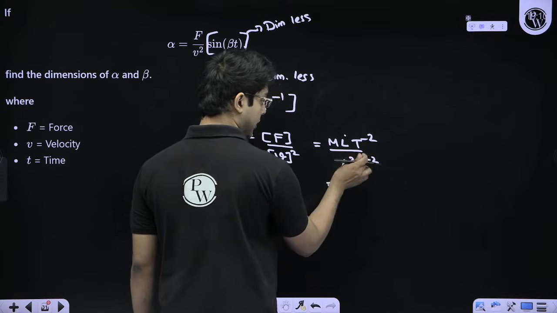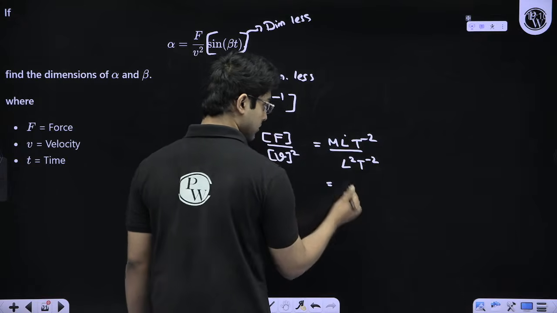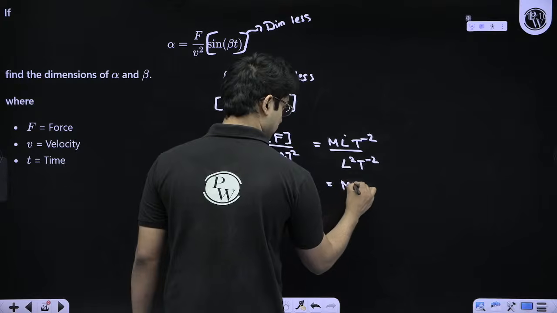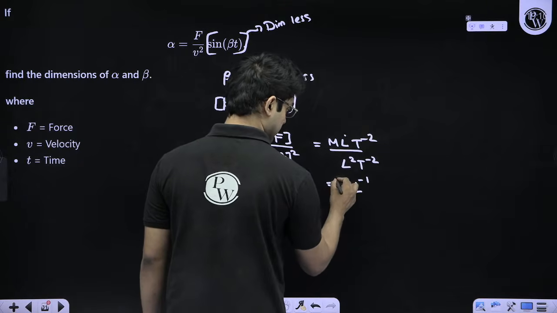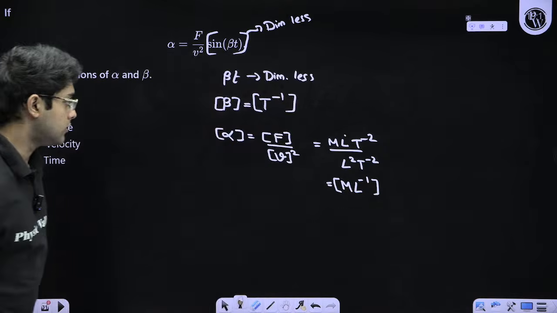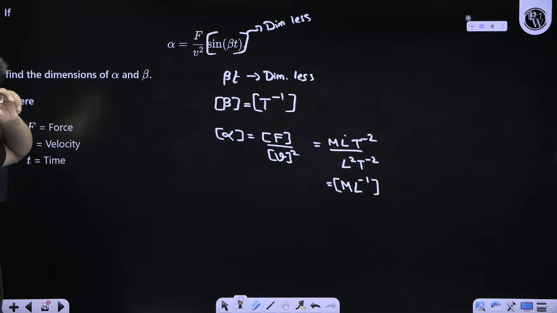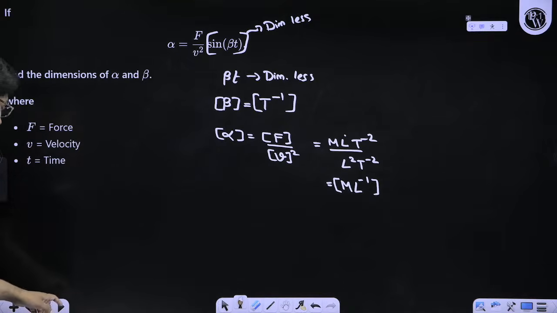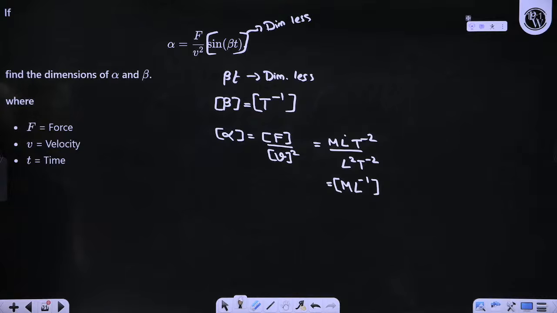These common dimensions should be on your mind, guys. So ML raised to minus 1, T raised to minus 2 cancels, and this will be the dimension of alpha. That is how we do it when we have a trigonometric function in the expression.